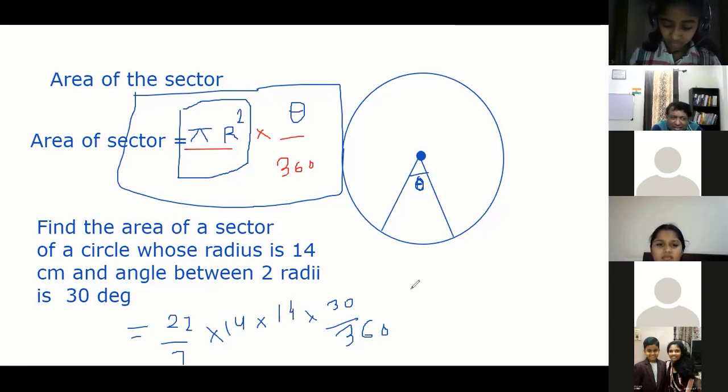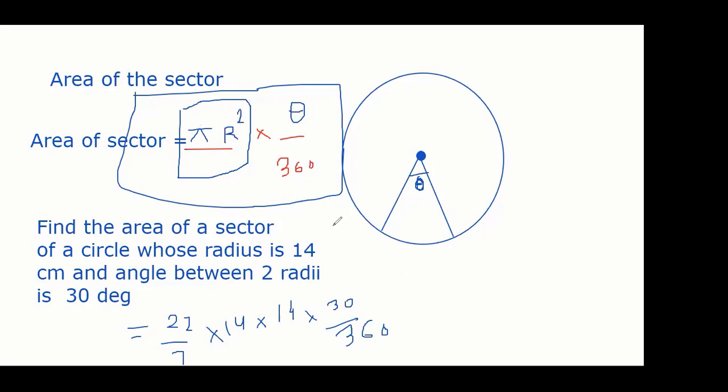And similarly, if you want to get the length of the arc, what are you going to do? Any simple one thing you have to change. If I want to find this arc only, the red one. Sorry, not area, length of this arc. Who can tell me?